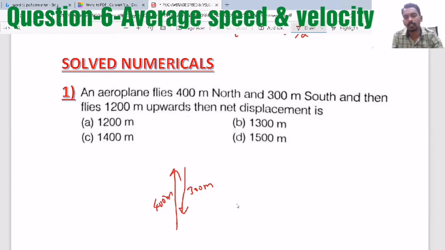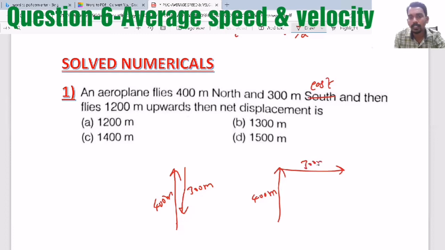See, actually, I think the question is given a little wrong. This must be east. So 400 meter north, then 300 meter east, and then upward. It went up. See, like this, and then up. So this will become 500.